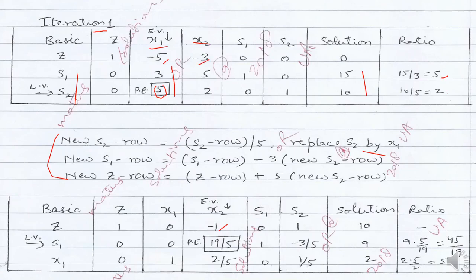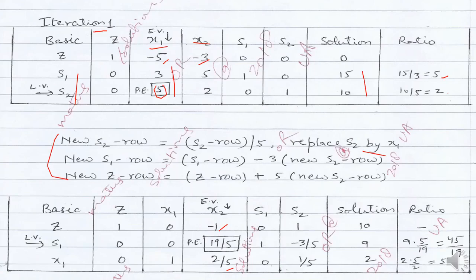So it is −3 plus 5 times the new s2 row entry, which is 2/5. So −3 + 5 × 2/5 becomes −3 + 2, which is equal to −1. Similarly, for each element we do this type of calculation, and we got this table.